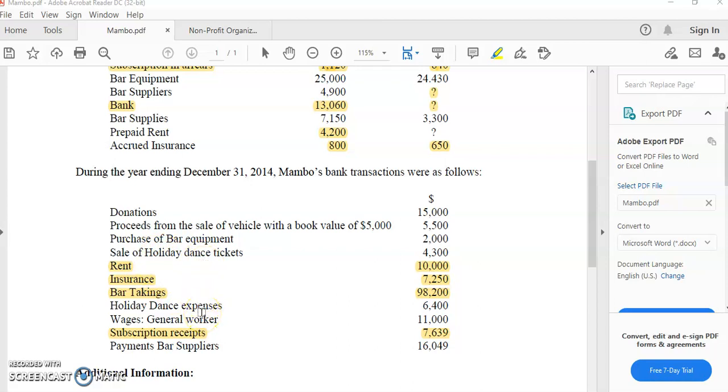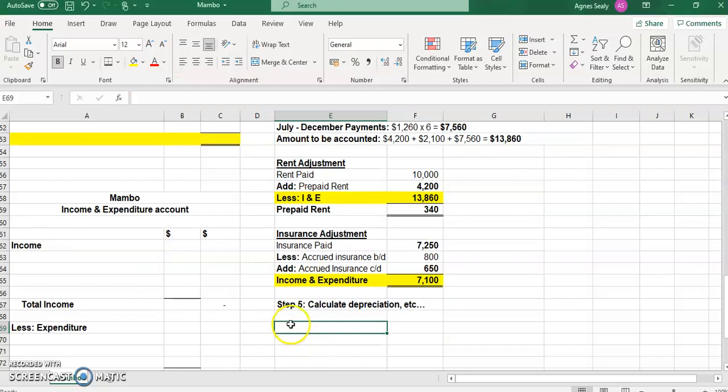And also they would have sold a vehicle and the book value of the vehicle was $5,000, but they sold it for $5,500. So we will see if they made a gain or loss on disposing of the vehicle. So those are the things that we are going to be looking at shortly. So let's look first at the dance activity.